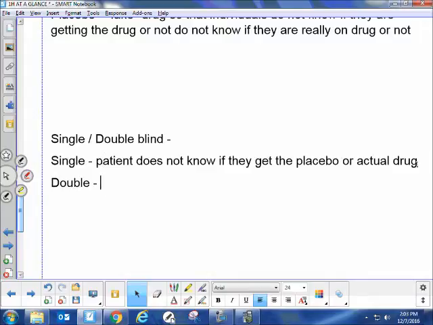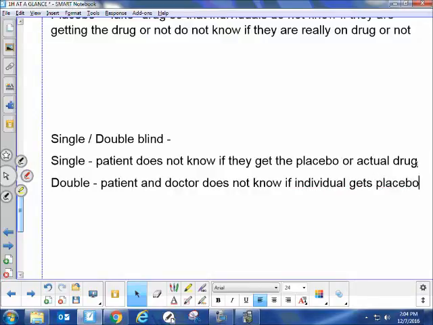You want it to be single-blind. Double-blind is when both the patient and the doctor who is assessing do not know who's getting what. Only the researcher knows.